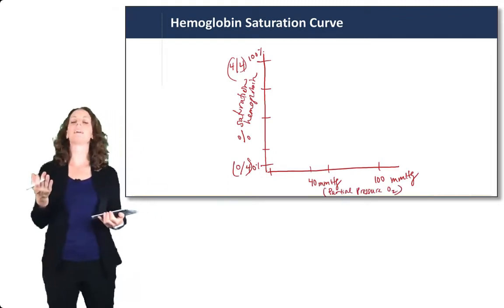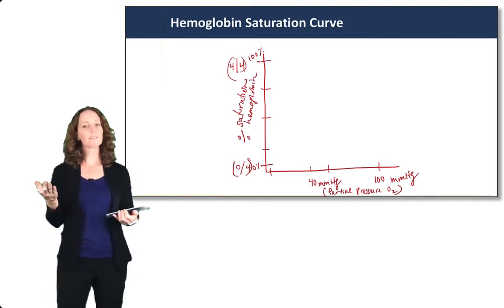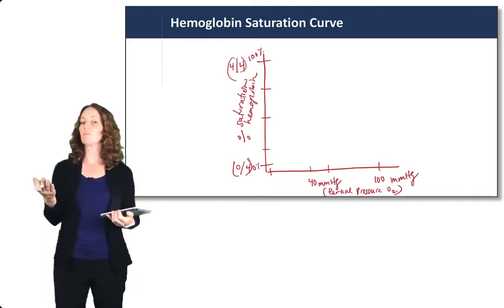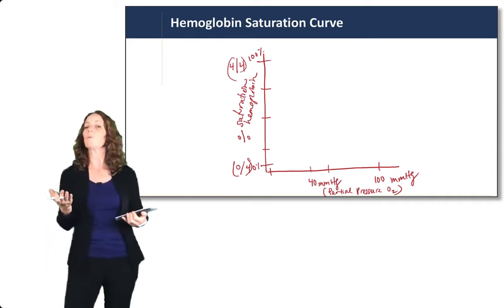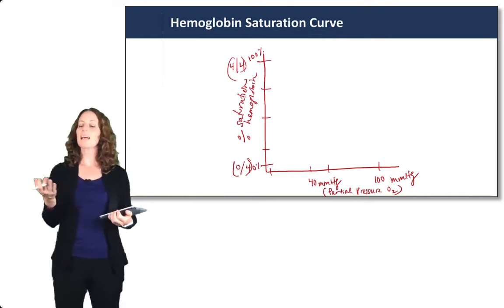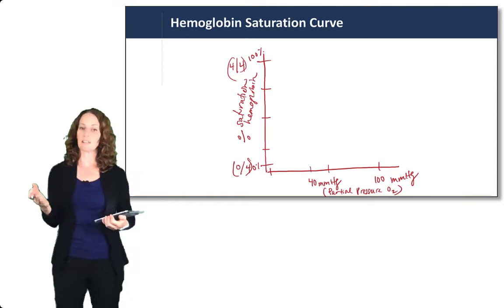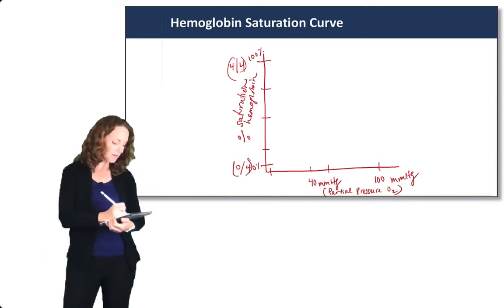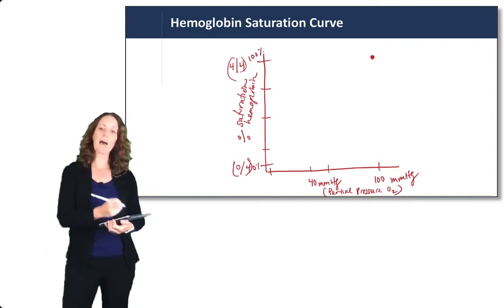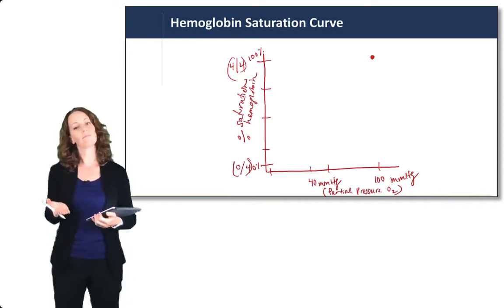And now we want to say, what does hemoglobin do? How does it respond in an oxygen-rich versus an oxygen-poor environment? And as we said, when there's a very high amount of oxygen in the environment, the majority of hemoglobin will be bound, meaning we'll have 4 out of 4.